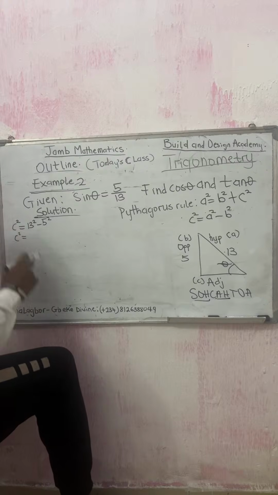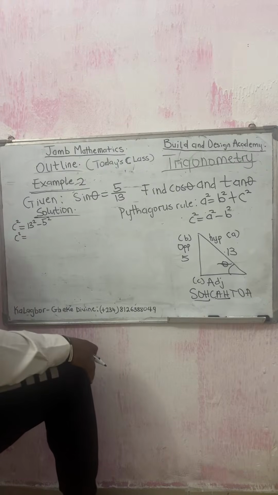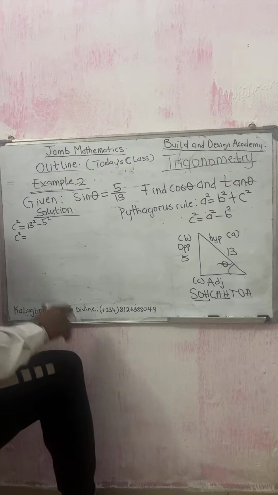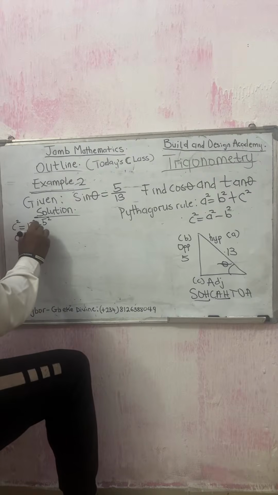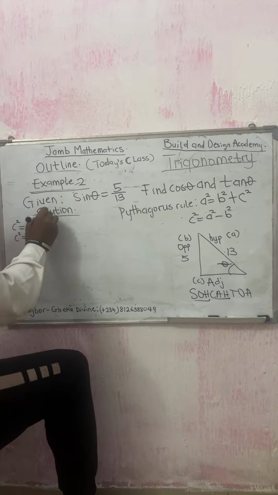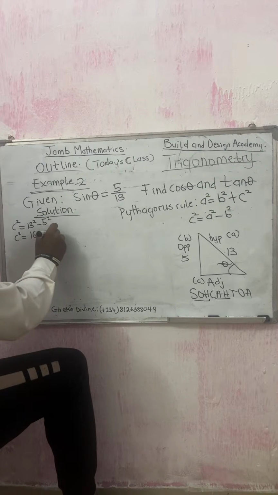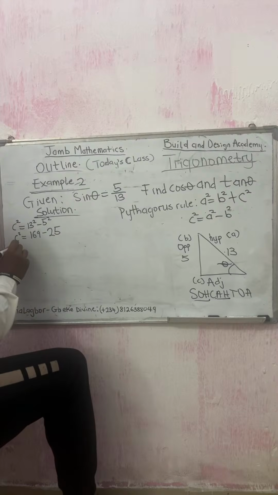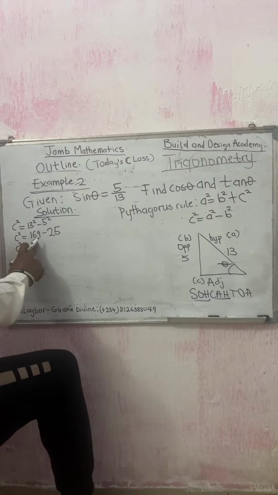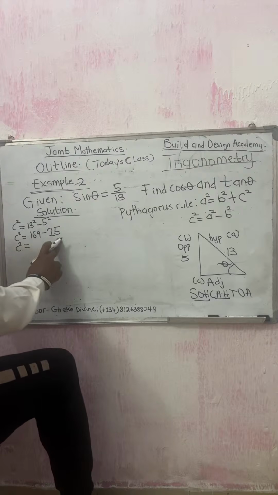So c square will now be equals to what? 13 square is simply what? 13 times 13, which will give us 169, minus 5 square is what? 5 times 5, which will give us 25. So we'll have c square to be equals to 169 minus 25.